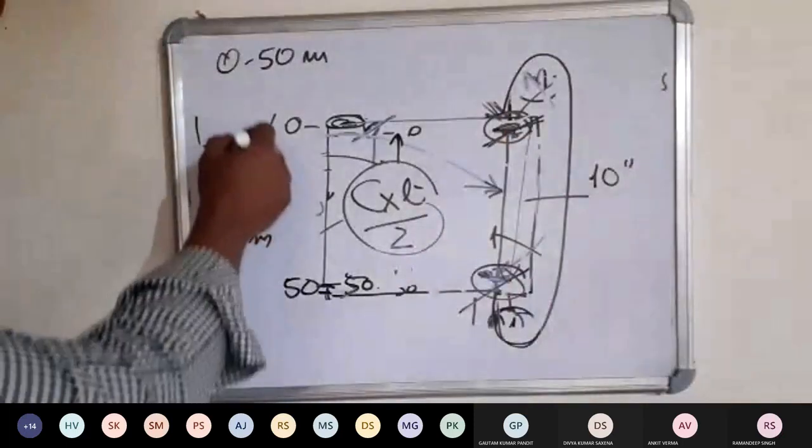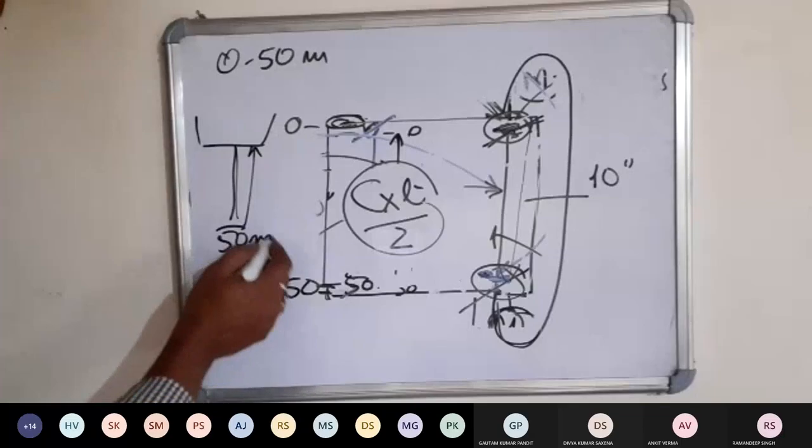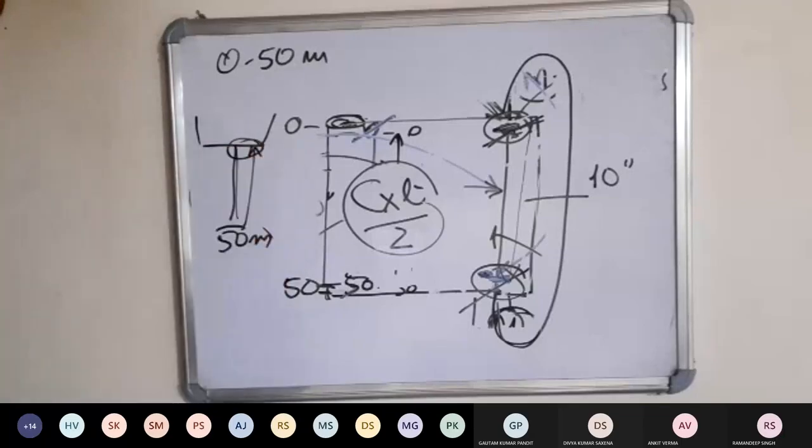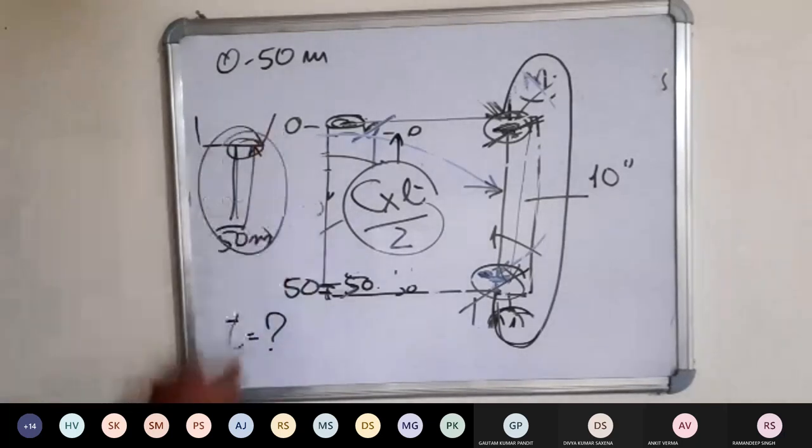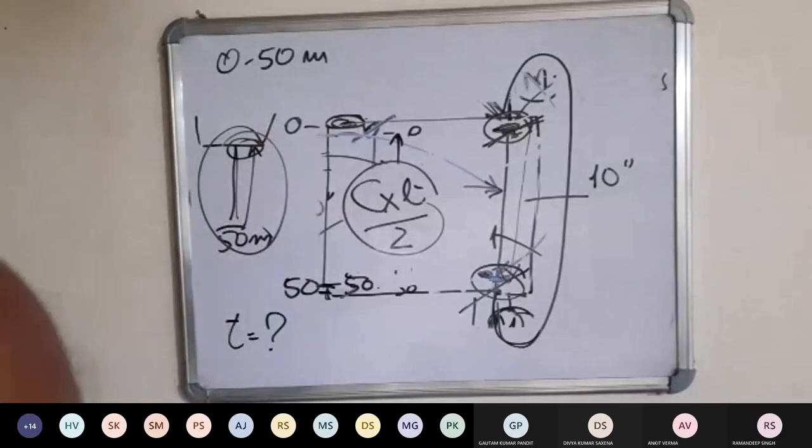If the wave is traveling 100 meters, then in the time it takes to travel 100 meters, the stylus will come from here to here. So tell me, what is the time required for traveling 100 meters by the acoustic wave? Calculate and tell me.